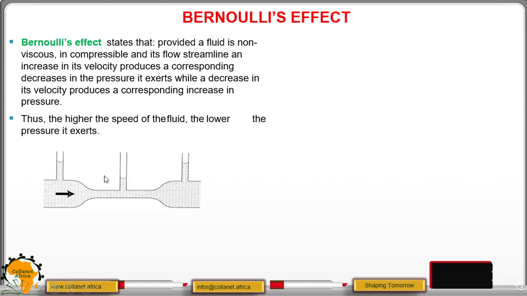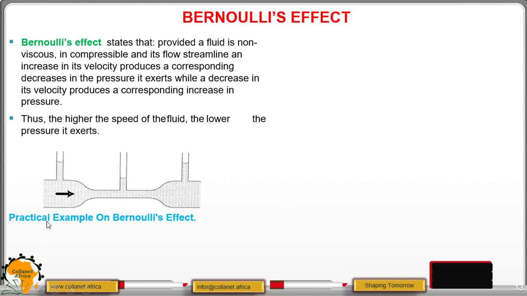So at this particular point, the velocity is very, very high. And because the height is a good indication of the pressure, if this height is less than this, it means that the pressure is less.